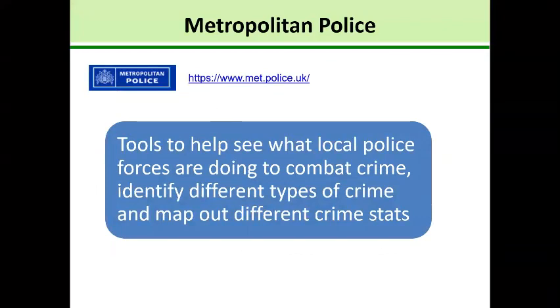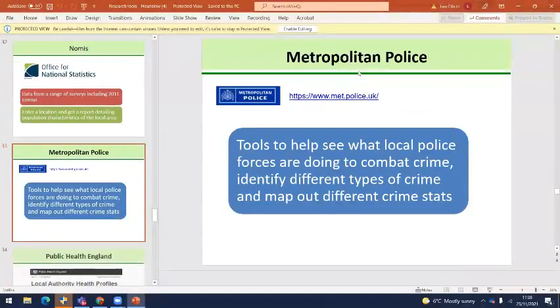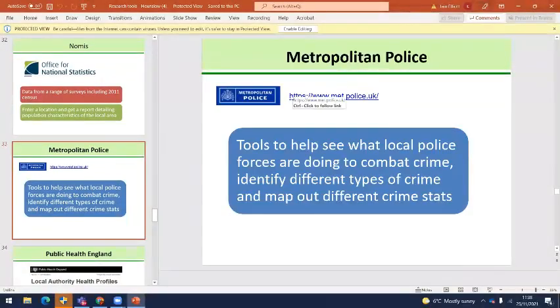Metropolitan Police, obviously, if you're looking at crime statistics, they have tools to see what local police forces are doing to combat crime, identifying different types of crime. It's quite good because it's updated on a quite regular basis, I think every 3 months or so.